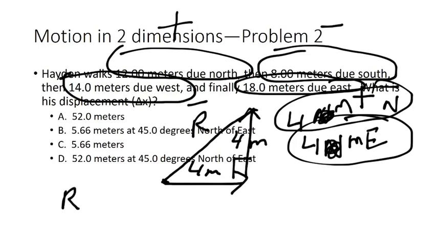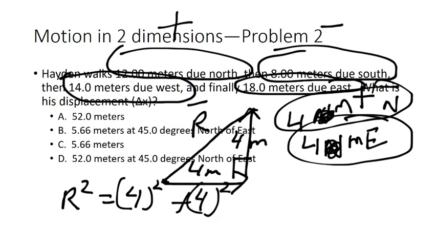So we're going to say r squared, the hypotenuse of our triangle, equals 4 squared plus 4 squared. Solve that out for r, and when we do, we take the square root of what's going to end up being 32 here, and we're going to end up with a resultant that's equal to 5.66. In this case, 5.66 meters.